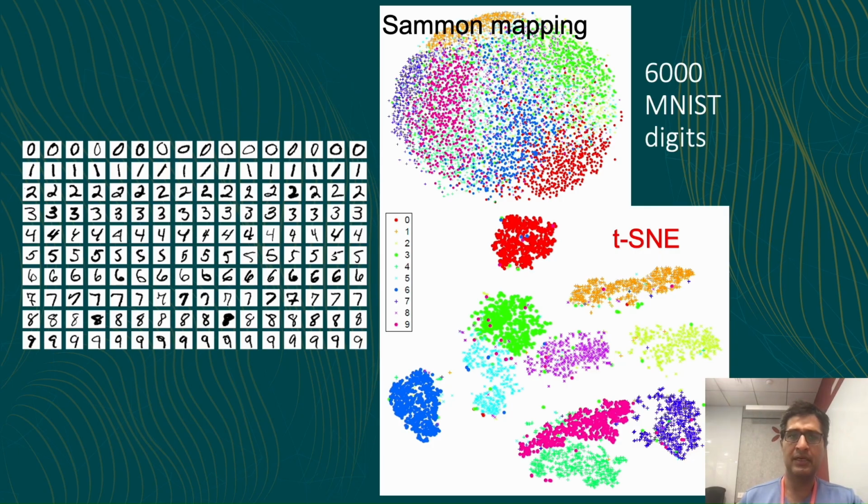So the MNIST dataset, for those of you who are a little familiar with machine learning, has been quite popular in machine learning for many years, where the problem was to identify, or OCR read, digits written by hand.